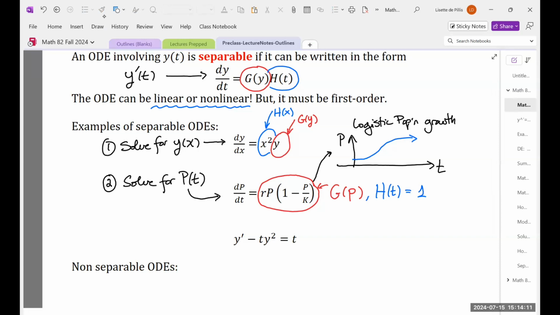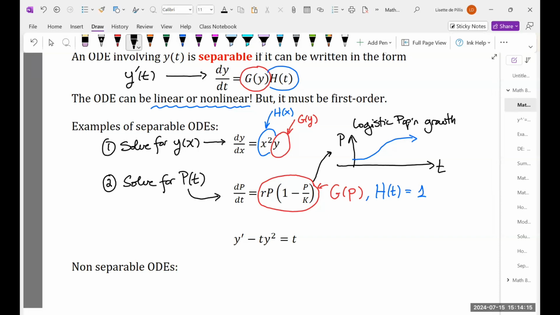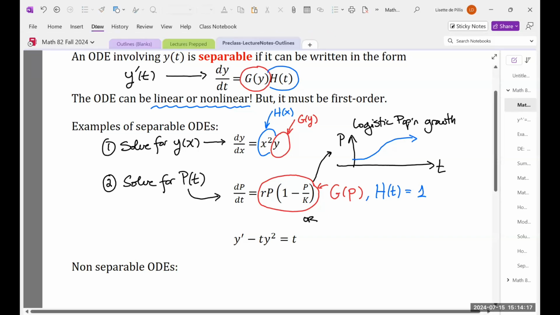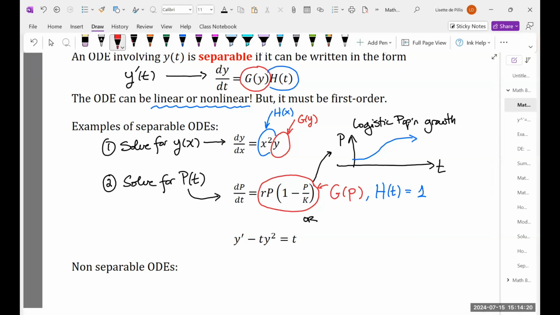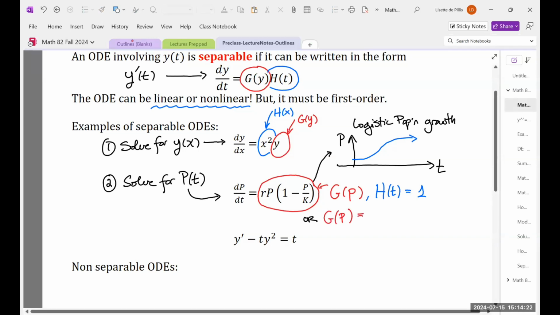Another way to think about this is to let g of p just be the part without the constant r. So that's going to be p times 1 minus p over k. And I can let h just be the constant r.